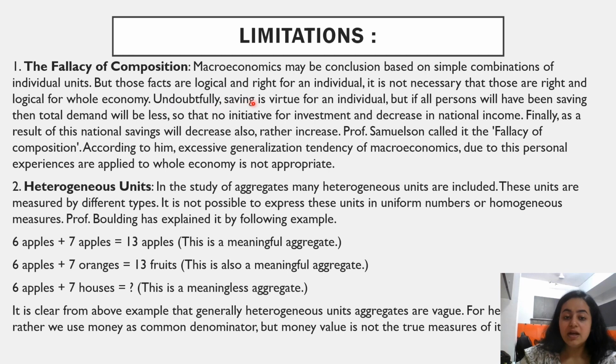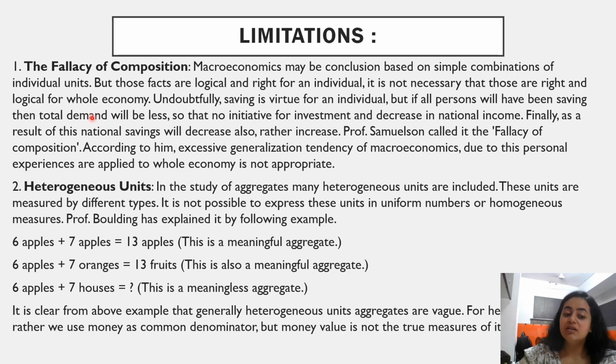Undoubtedly, saving is a virtue for an individual, but if all persons were saving, then total demand would be less. And so, there would be no initiative for investment, and that would lead to a decrease in national income. So saving is a good virtue in a singular unit or for an individual consumer. It is taken as a positive thing.